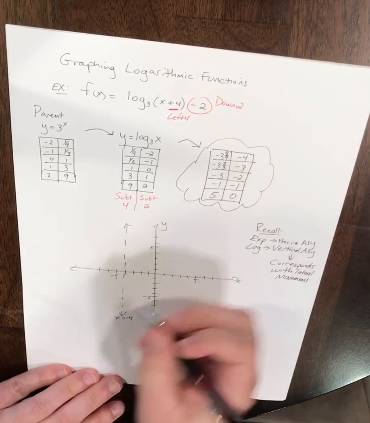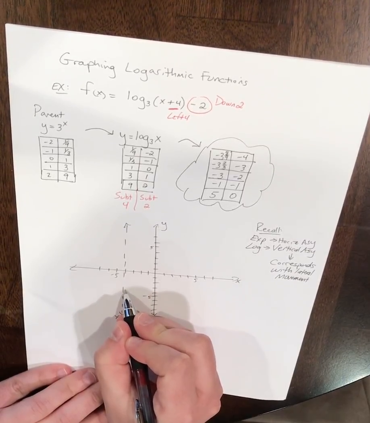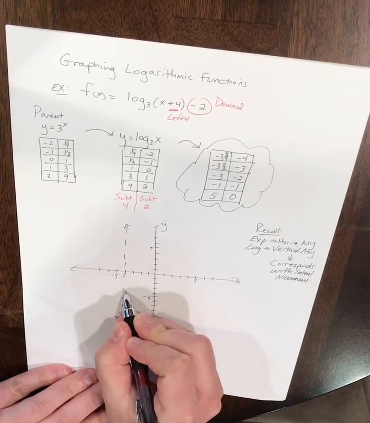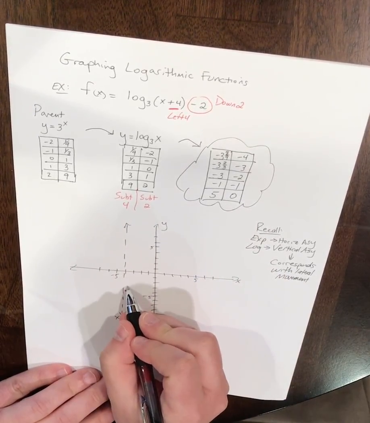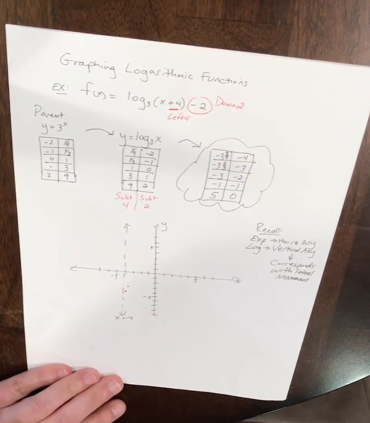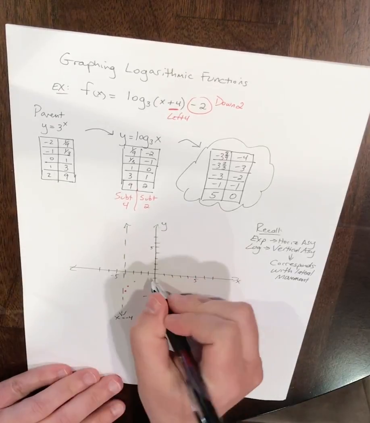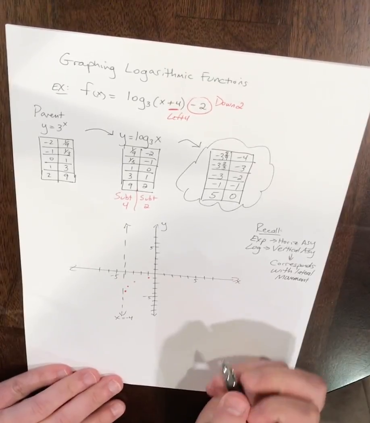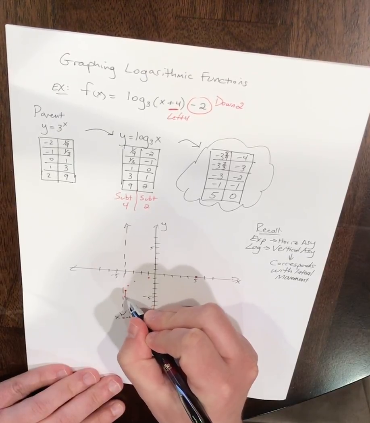Negative 3 and 8/9, negative 4, will be right about here. Negative 3 and 2/3, negative 3. Negative 3, negative 2. Negative 1, negative 1. 5, 0. And then we connect them.